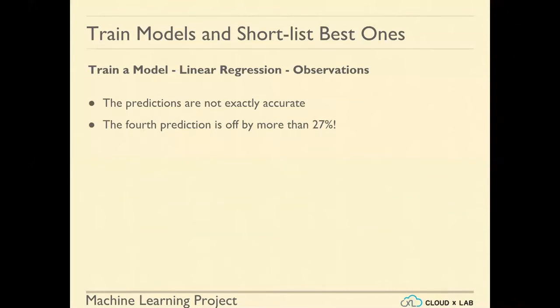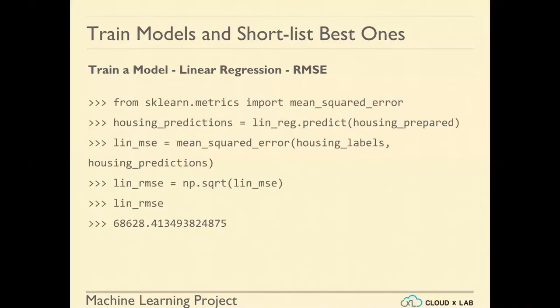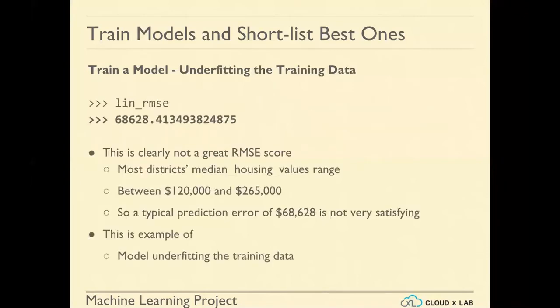The prediction is off by 25%. So root mean square error is this much. We have already computed it. Now this model is clearly not great because the actual house values are between 120,000 and 265,000, and a 68,000 error is not really very satisfying. So that's more like 50% error.